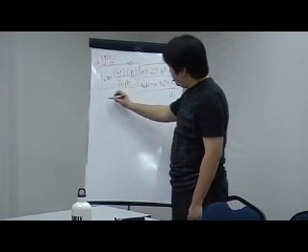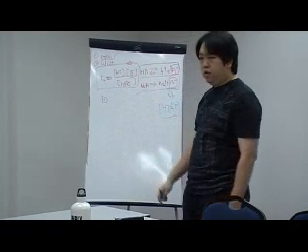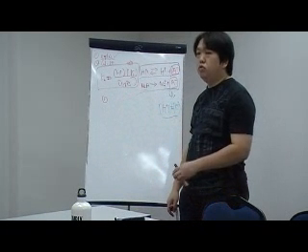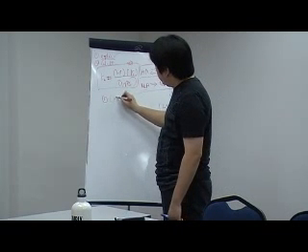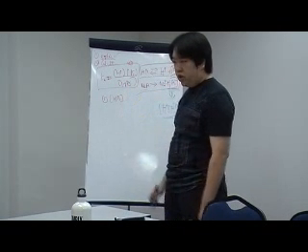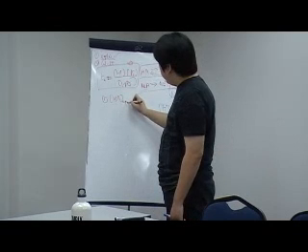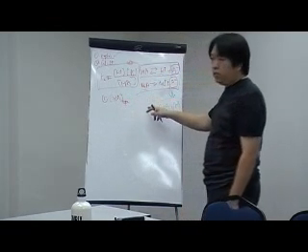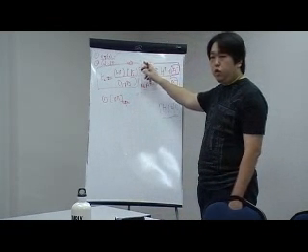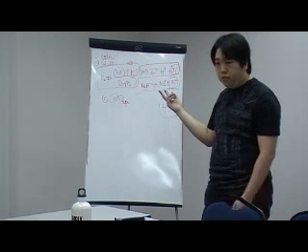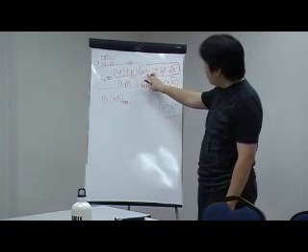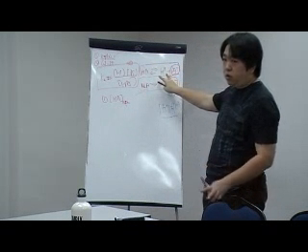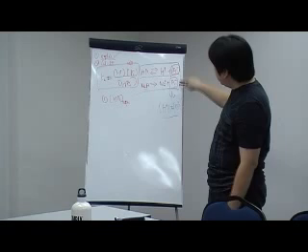The first assumption is that the concentration of HA at equilibrium should be the original amount minus the ionized amount. But think about this: the ionized amount is already small, and then you further reinforce the A minus here.